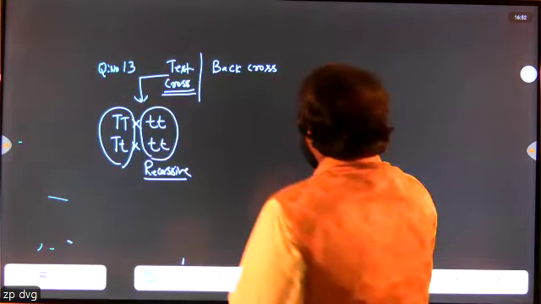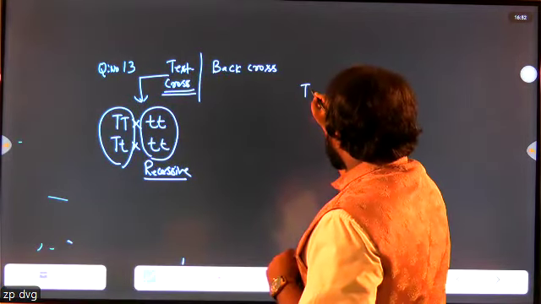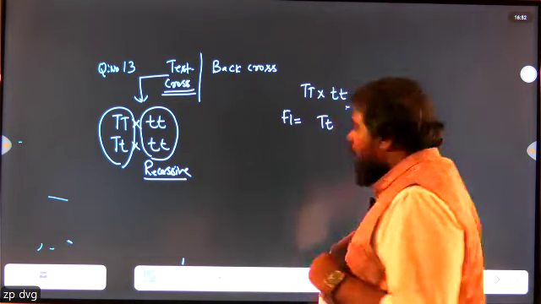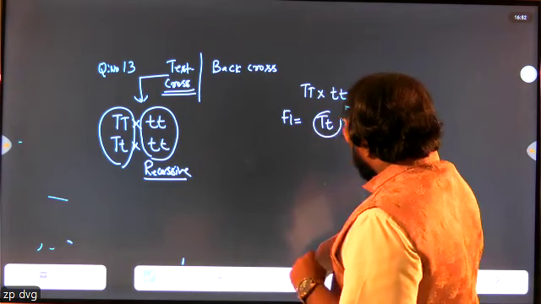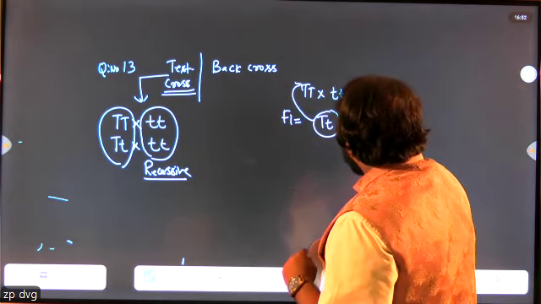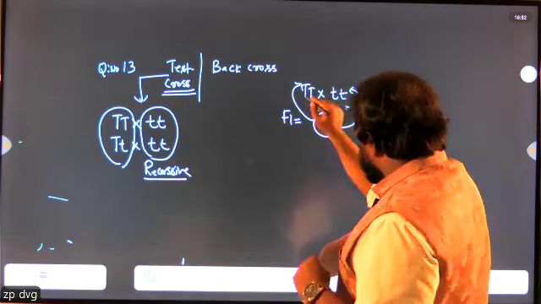Now, what is a back cross? Imagine capital T crossed with small t. Now you are getting an F1. The F1 is called capital T small t. Now this F1 can be crossed with this, and it can also be crossed with this. Both possibilities are there.